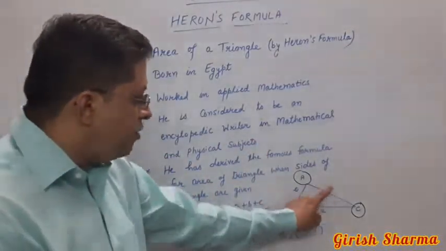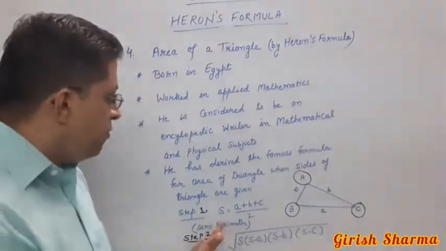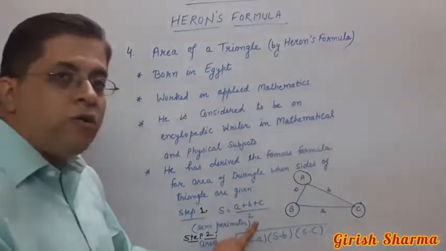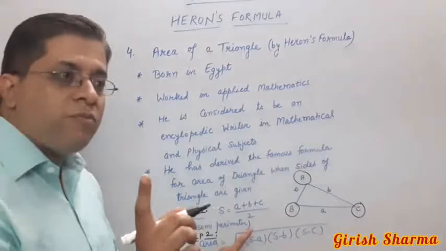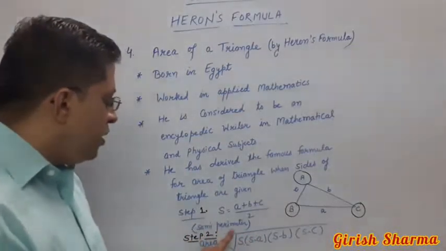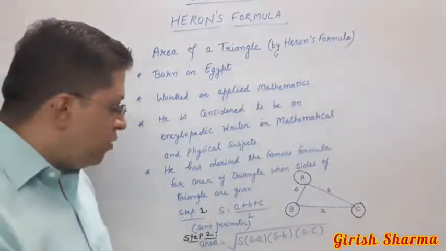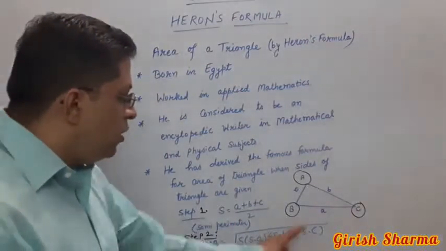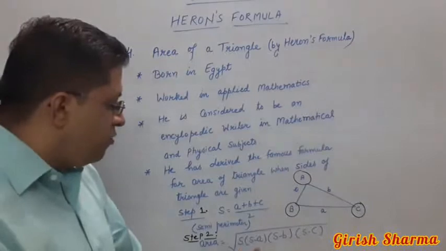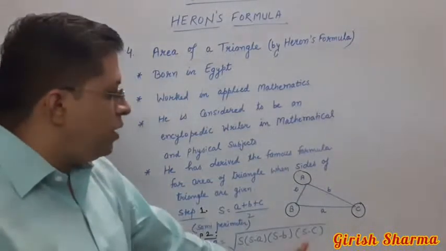Semi-perimeter means sum of three sides upon 2. This is called S, the semi-perimeter. And what is the second step? Then area is equal to under root S(S minus a)(S minus b)(S minus c).